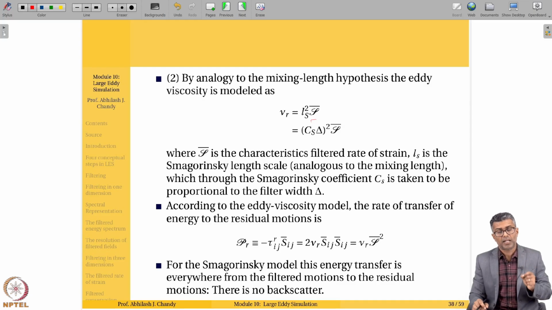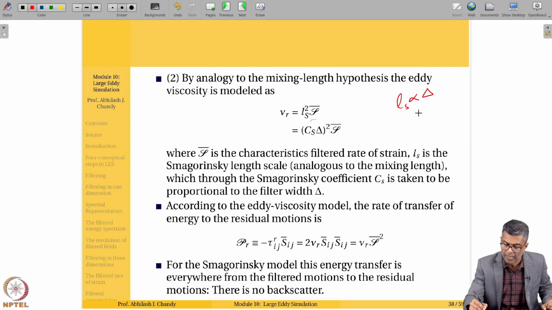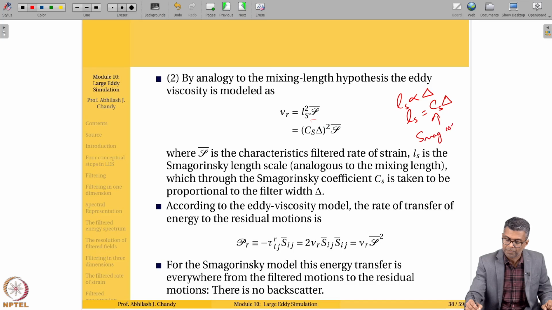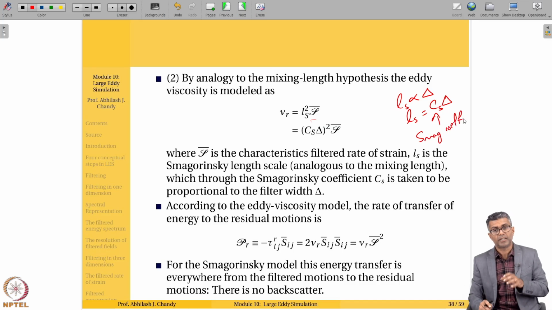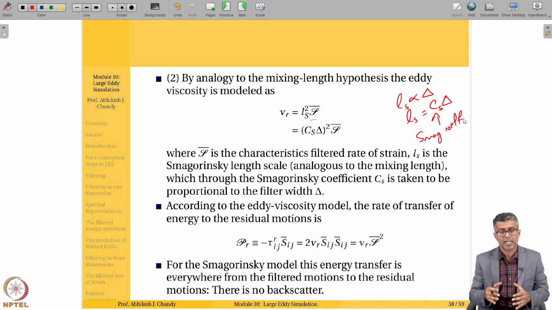So Ls is equal to Cs times delta. Cs is the Smagorinsky coefficient. It turns out the standard value of the Smagorinsky coefficient is 0.17, and we will actually derive that in today's class. But Ls is equal to Cs times delta.